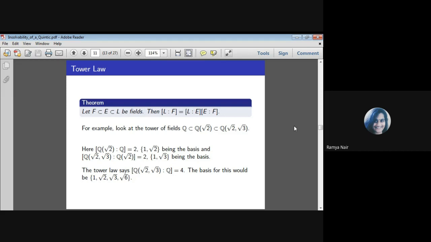If you adjoin that to Q, then the field Q adjoined with square root of b squared minus 4ac would contain all the roots of ax squared plus bx plus c, where a is a non-zero rational number. Hence we say that a quadratic polynomial is solvable by radicals.